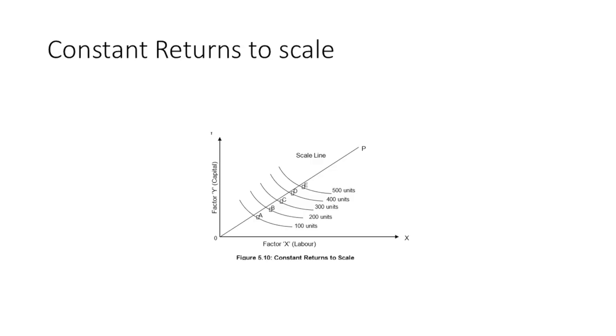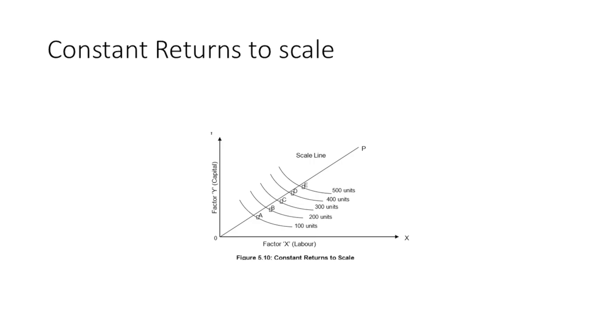Now the second condition is constant returns to scale. Here the proportion changes for factor X and factor Y, land and capital. You can see in the isoquant curves that the distance between A to B, B to C, C to D and E to F is constant, there is no change.